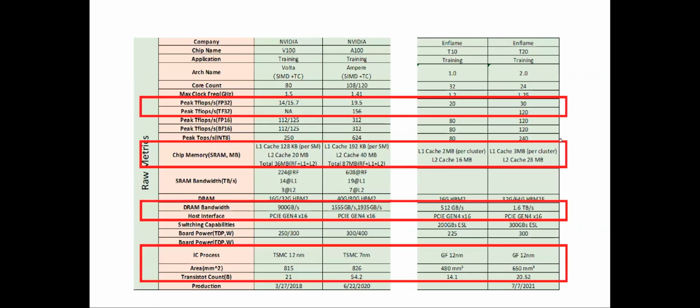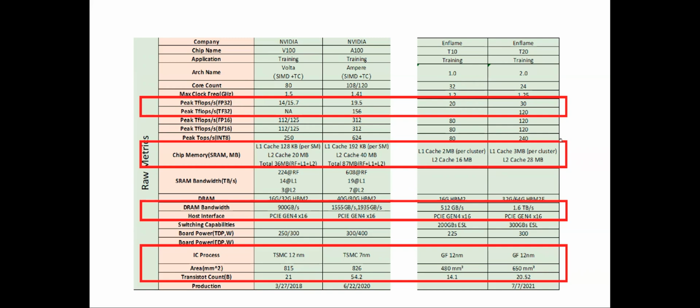So here I list some popular AI ASICs that I think are worthwhile to take a closer look at. Two of them are from NVIDIA: the NVIDIA V100 and the NVIDIA A100.